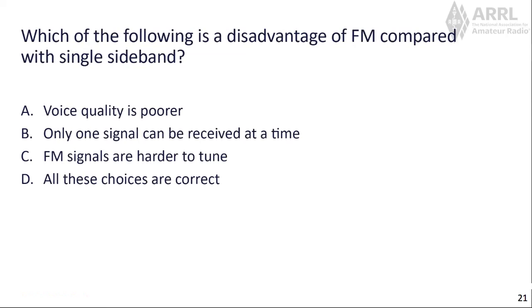Which of the following is a disadvantage of FM compared with single sideband? Only one signal can be received at a time.